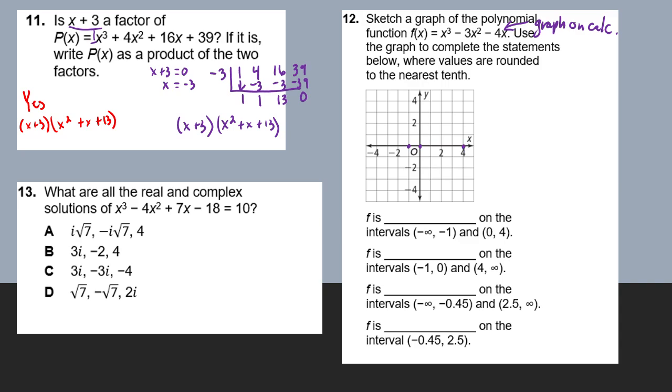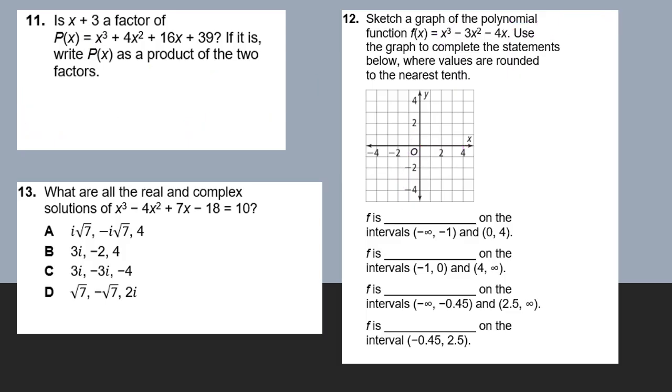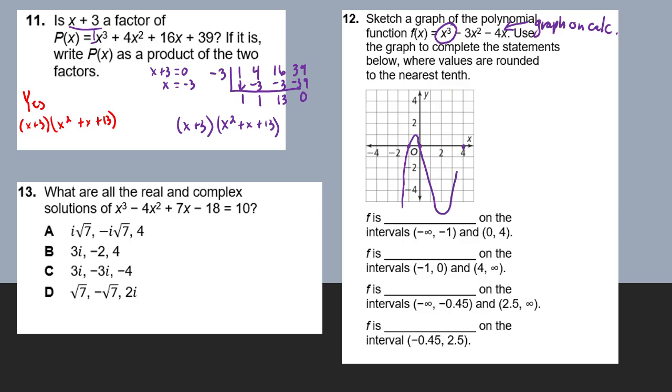And then because it is an odd exponent with a positive in the front, remember that makes an S shape that starts down and ends up, and that's exactly what this one does. It starts down here and it goes up, and then it comes back down, and it kind of goes off to your graph here, and then it goes back up again and ends up. And again, you just need to make a sketch of the graph.